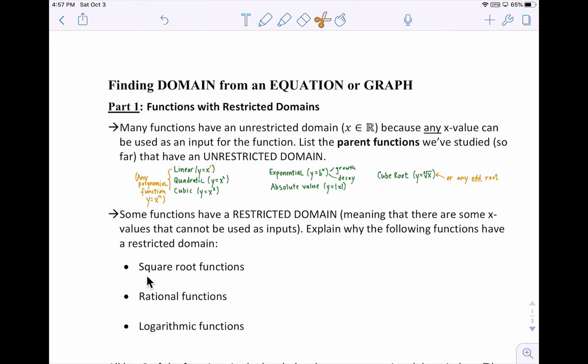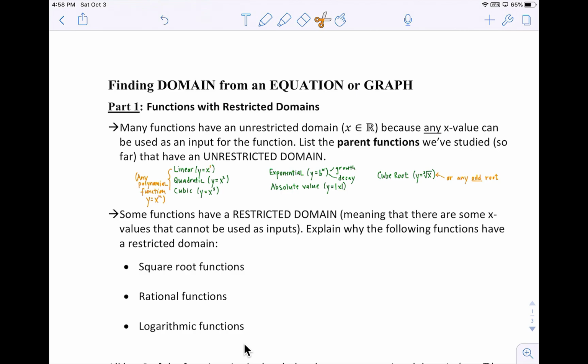Why is it that we can't input anything we want into the square root function? What is it that we can input? Why can't we input anything into a rational function? What is it that gets in the way? And why can't we input anything we want into a log function? Instead, what must be true about those inputs? So take a minute and do a little brainstorming here. Pause the video, and when you're ready for some feedback, you can press play once again.